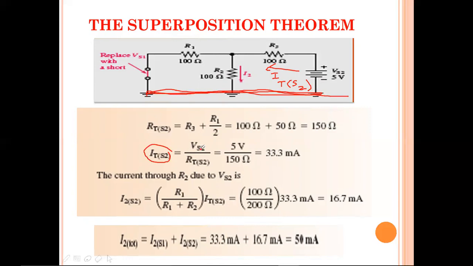For that, the circuit is like this. R2 and R1 are in parallel, which is in series with R3. Please mention carefully, but the answer is the same, 150 is the same, but don't concentrate on the answers. Please always concentrate on the procedures.